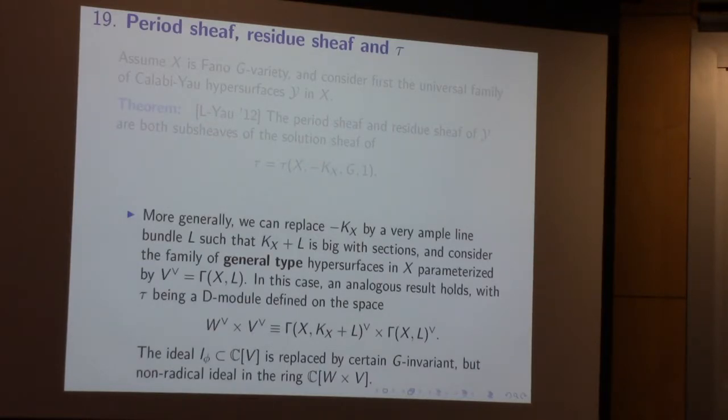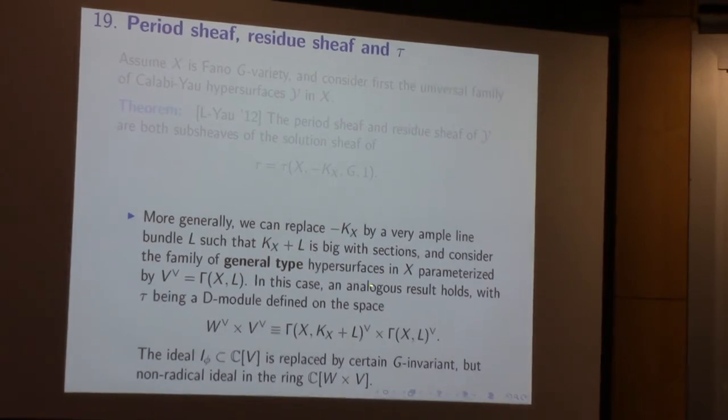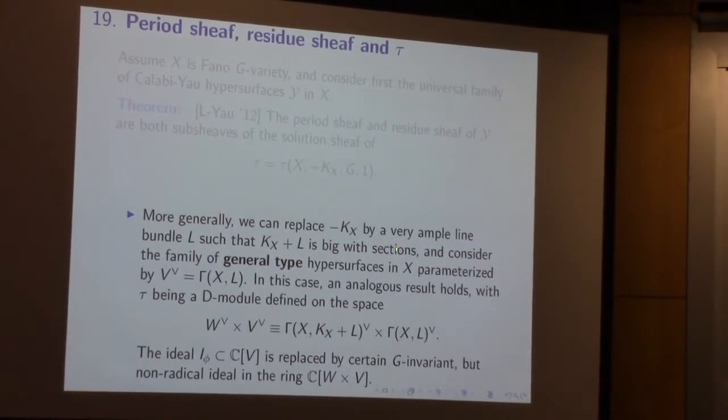All right, so before I get more into the tautological system, let me make a couple of remarks about general type and Fano. You could redo the whole setup by replacing the anti-canonical bundle with a very ample line bundle L, under the condition that this twisted line bundle is big and with section.